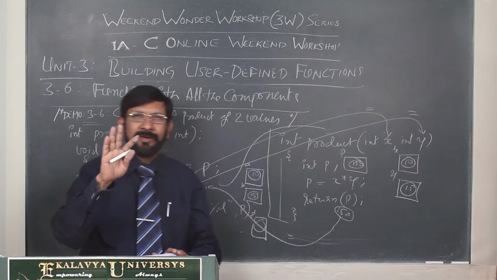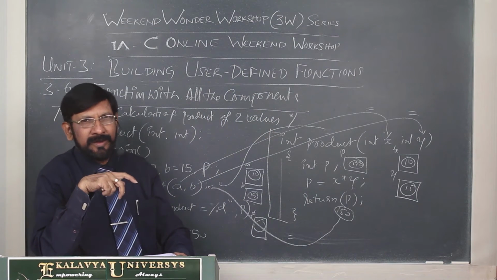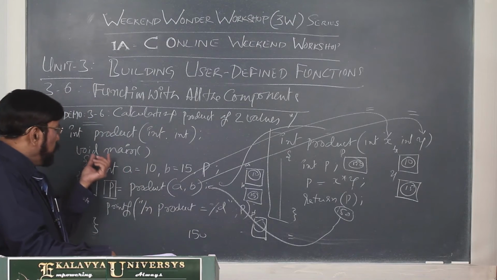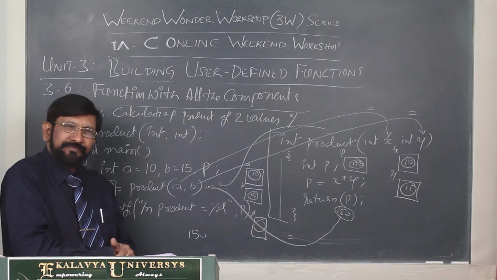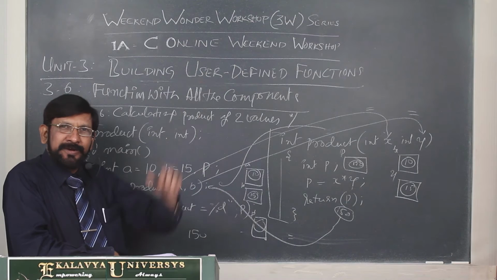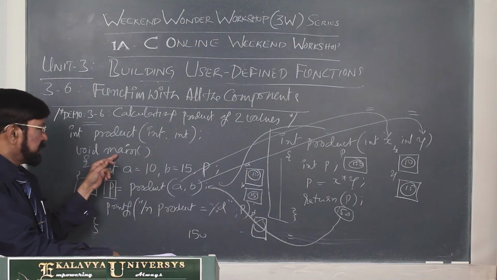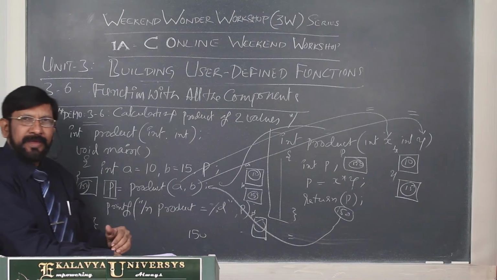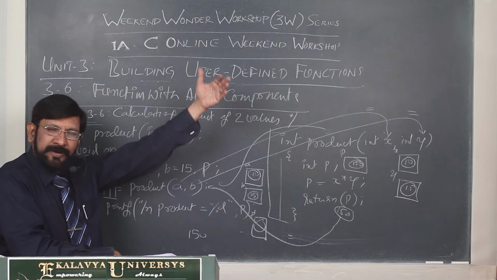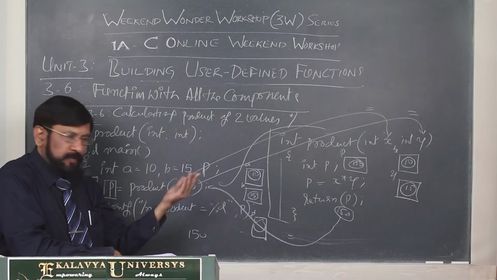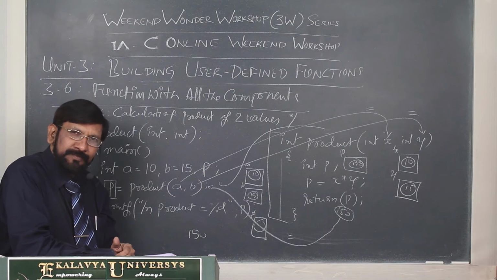Here is one very important point I have to tell you: who is the boss of our main? The boss of main is the operating system. The operating system passes the control to main. Actually, main requested the operating system to give it control, as it has to perform a certain job.